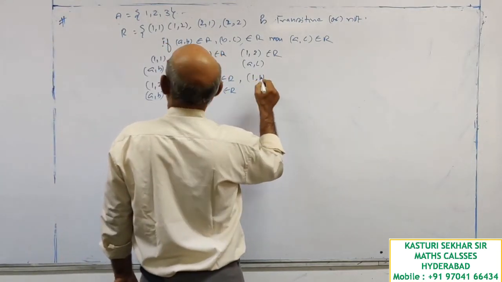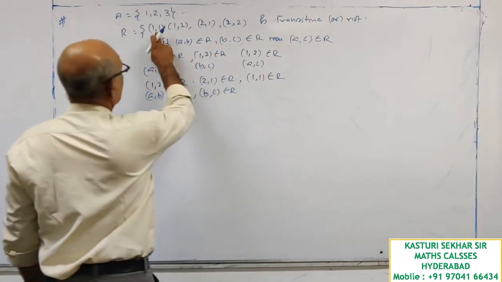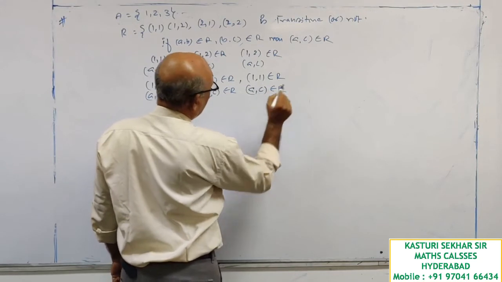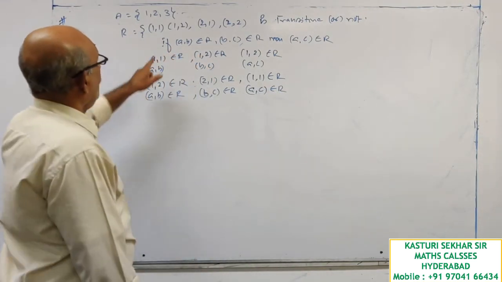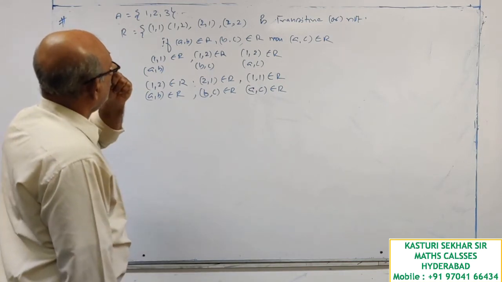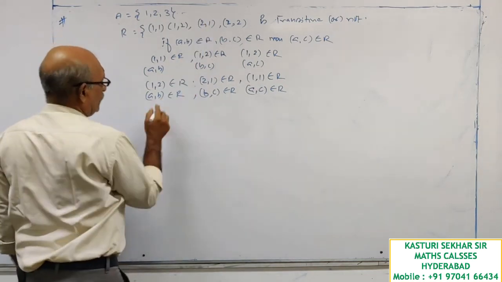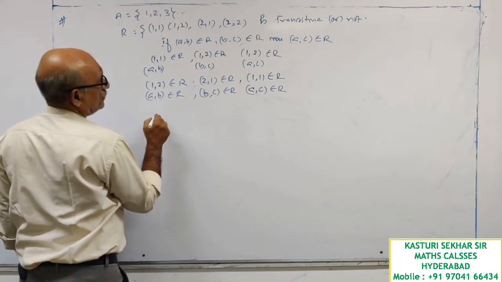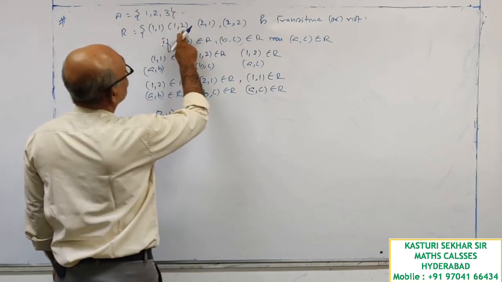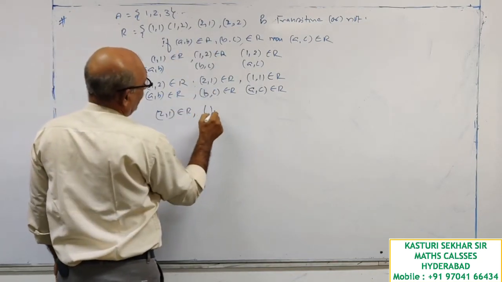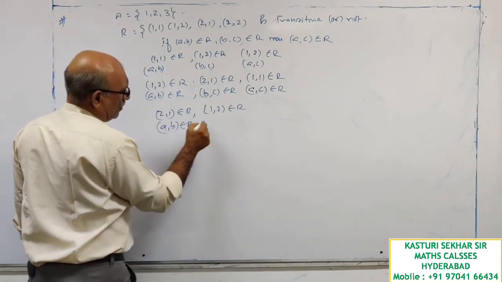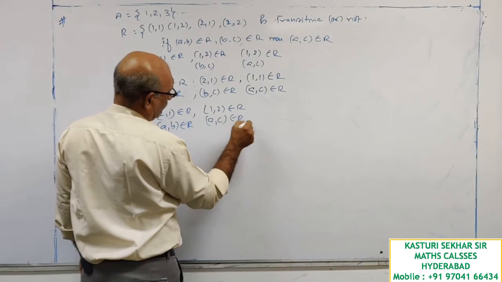Then (1,1) is related to what? It means (a,c) is (1,1). Next, let us see here. (2,1) and (1,2): (a,b) and (b,c).